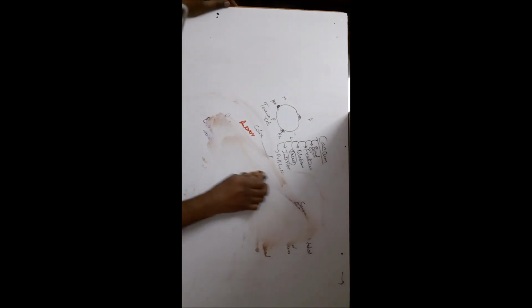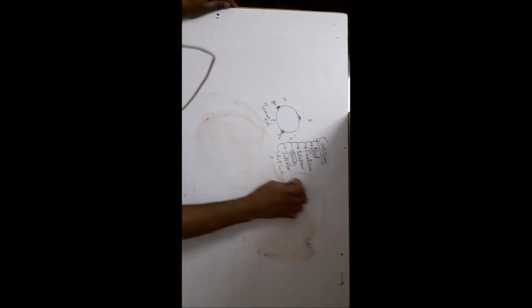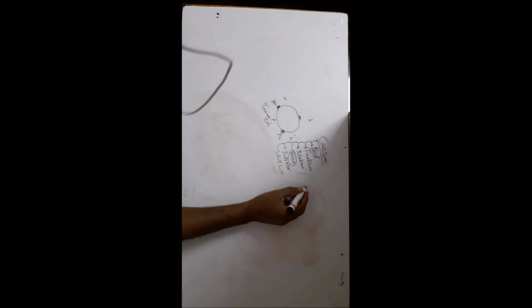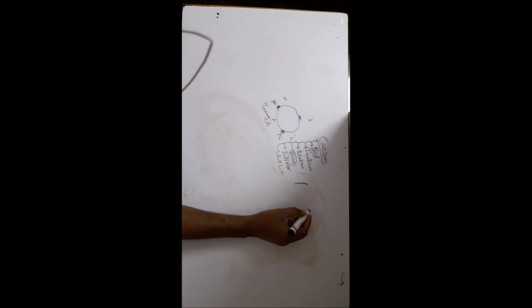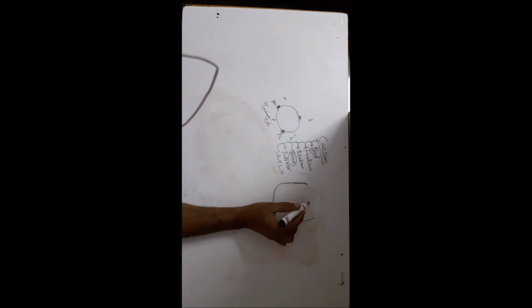Then going into the interior part of this cecum, how it looks. So interiorly, if you see basically the posteromedial part of the cecum, it's having two openings.